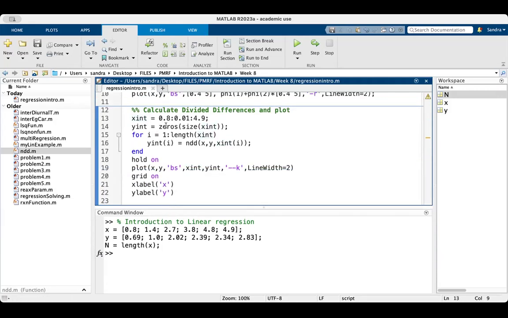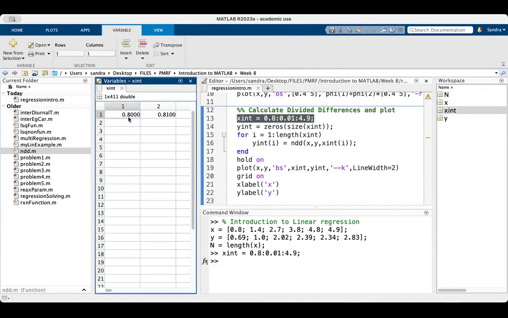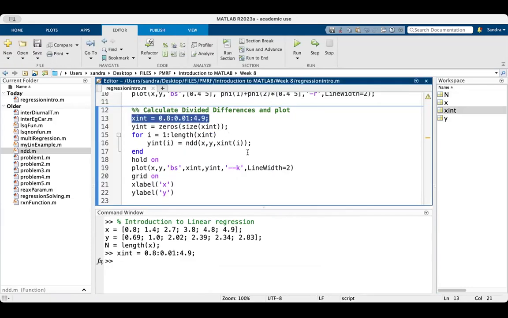I want to find the interpolation for several points instead of a single point. These are the points where I need the interpolated answers: 0.8, 0.81, 0.82, and so on. This is the finer grid. I need to interpolate and find the function value at all these points.